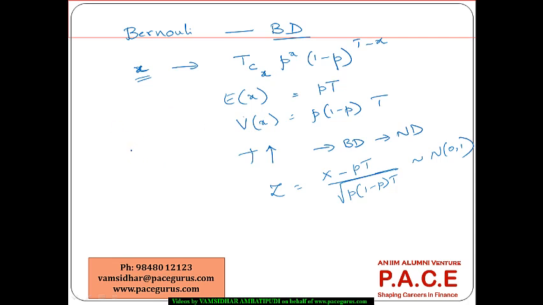Because it becomes a Z test, I can look at a 95% confidence interval as nothing but plus or minus 1.96, right? The cutoff value of Z comes out to be plus or minus 1.96.